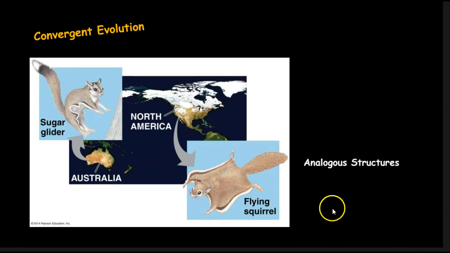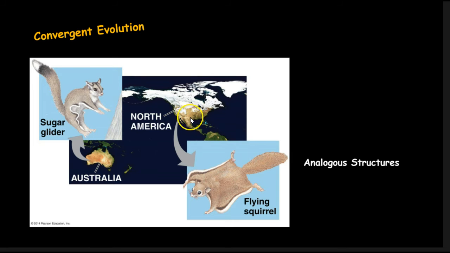Now, we have to be careful about analogous structures and convergent evolution. Sometimes organisms look very similar, like the flying squirrel and the sugar glider, but they evolved independently, which is called convergent evolution, when they have different lineages but adapt to similar environments. So we notice that the flying squirrel is located in North America.